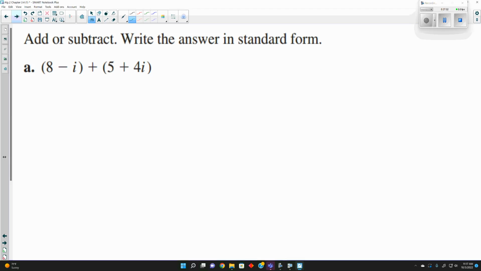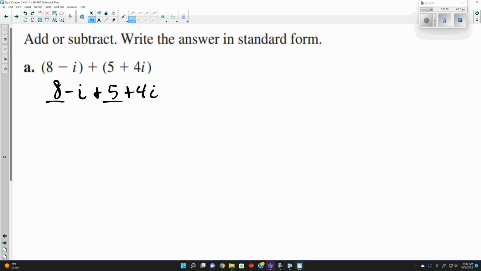So if we look at this first part, 8 minus i plus 5 plus 4i. Now there's not a sign in front of either one of these, so I can drop the parentheses because we're not having to distribute a negative. So we have this here. Now the real parts, the parts without i, are 8 and 5, yes?